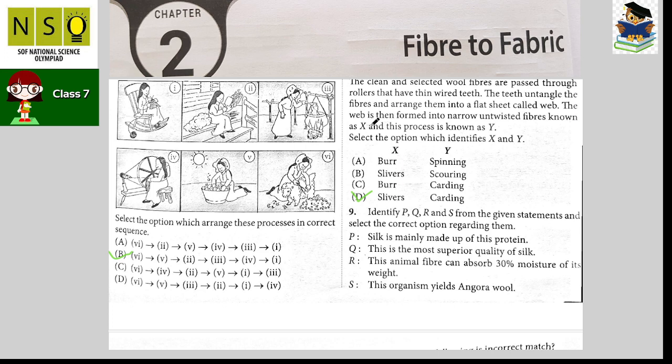What is slivers? The web is formed into narrow untwisted fibers, and that is called slivers. And what is carding? It is the process by which it is done. So that is carding. Now we move to the next question.